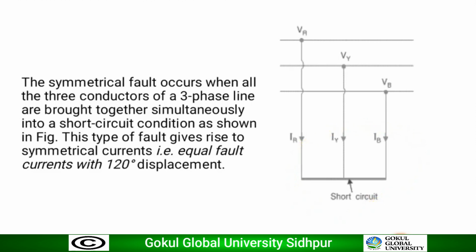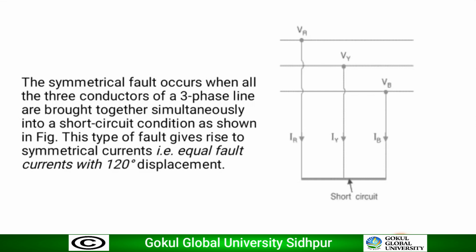So the short circuit currents IR, IY and IB are of equal magnitude with 120 degree phase displacement. It is called a symmetrical fault. This symmetrical fault represents the balanced nature of the fault, so only one phase needs to be considered in the calculation.